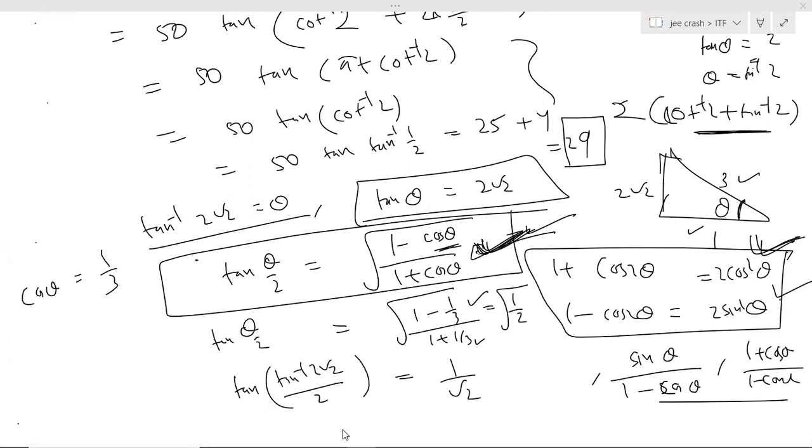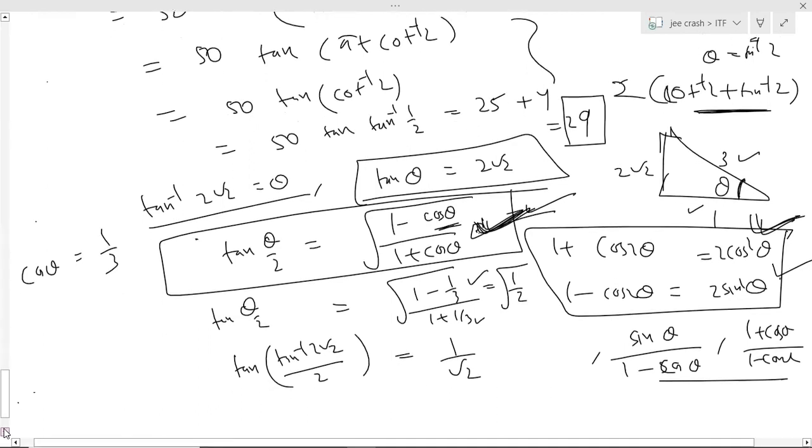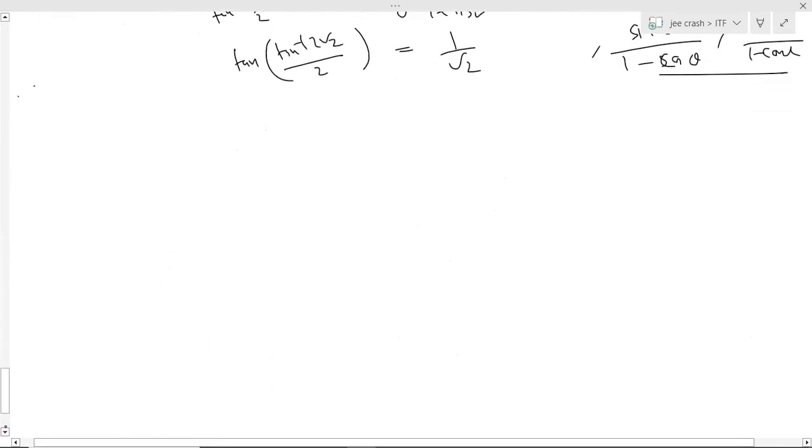Solve one question by yourself, and this is a JEE 2021 question. Very easy. Just give me 1 minute. Let me find the question.